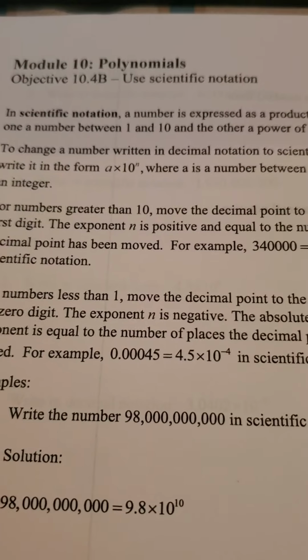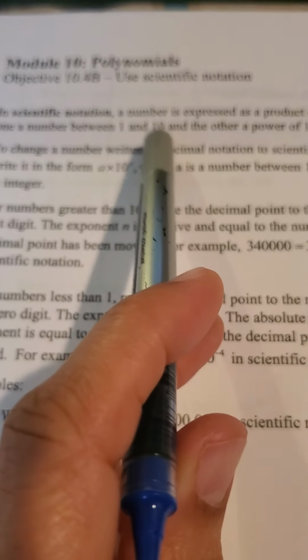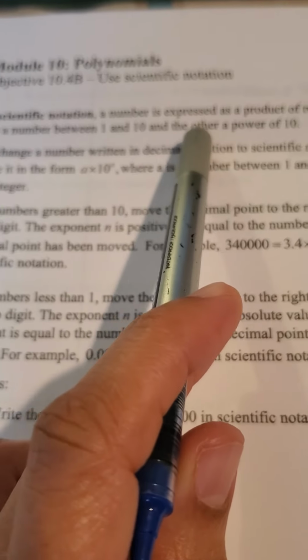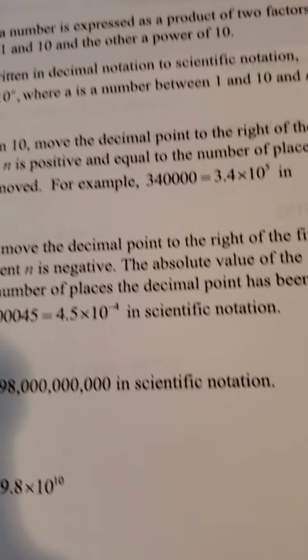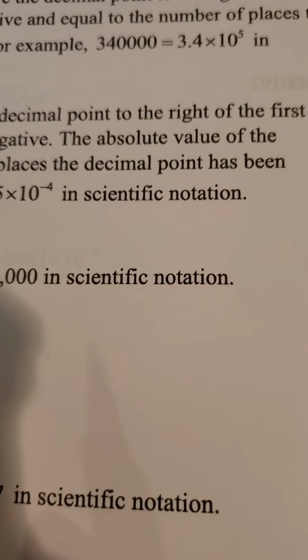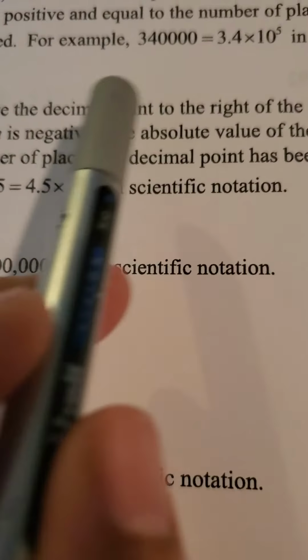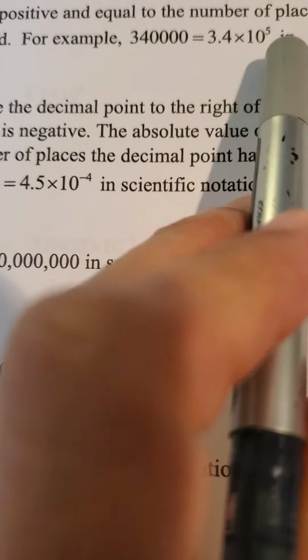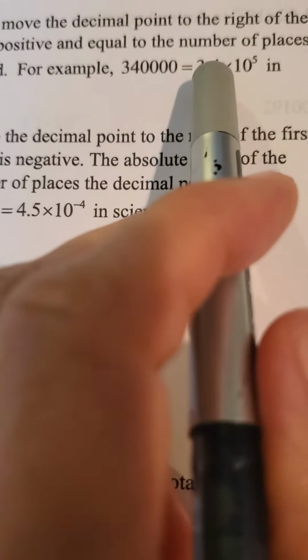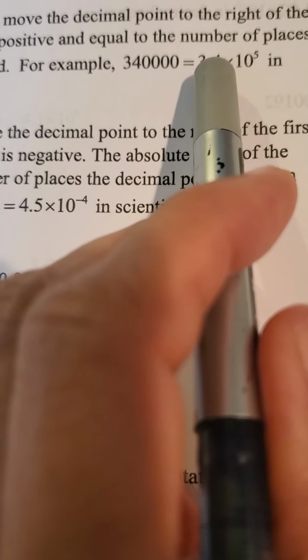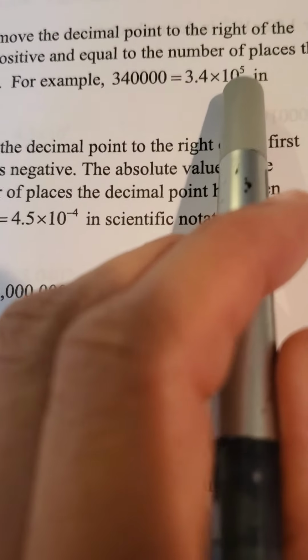One is a number between 1 and 10, and the other is a power of 10. So for example, if they want you to convert this whole number into scientific notation, it'll be a number between 1 and 10 times some number raised to the power of 10, an exponential of 10.